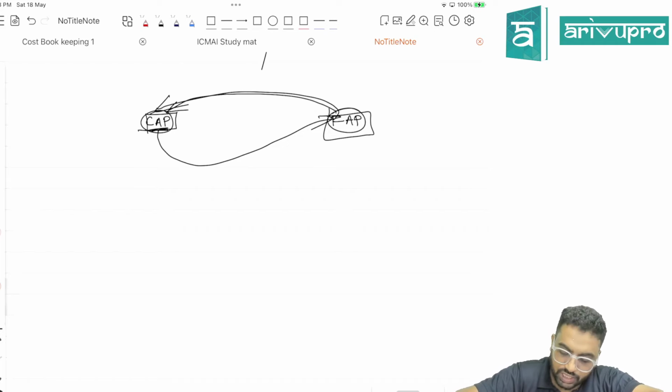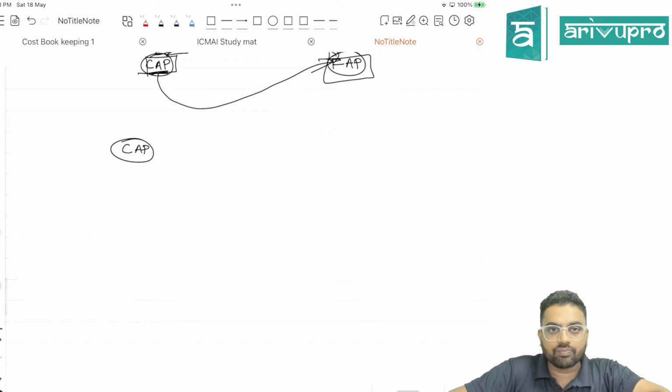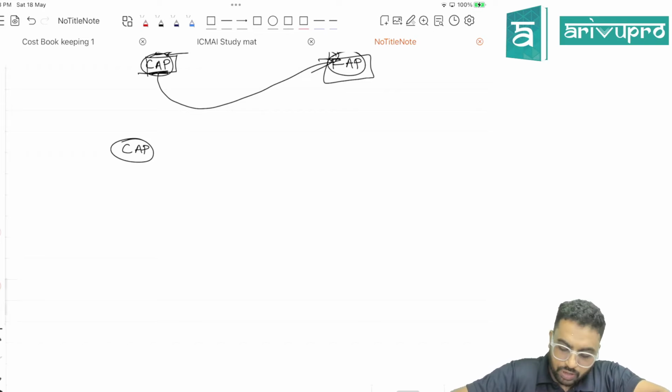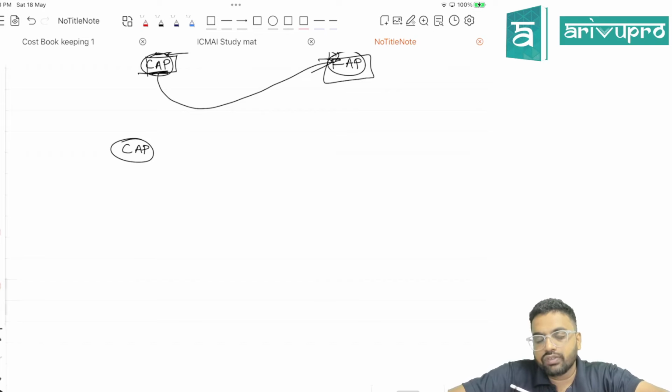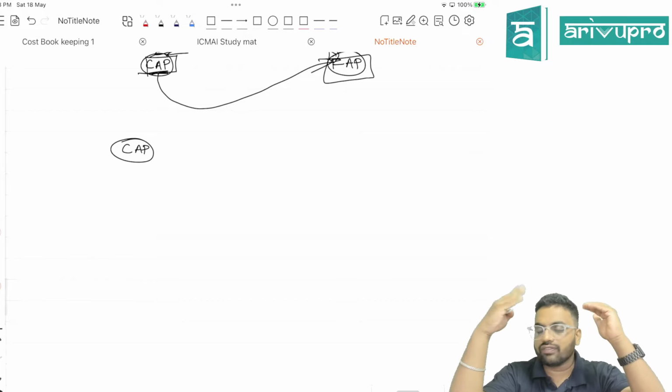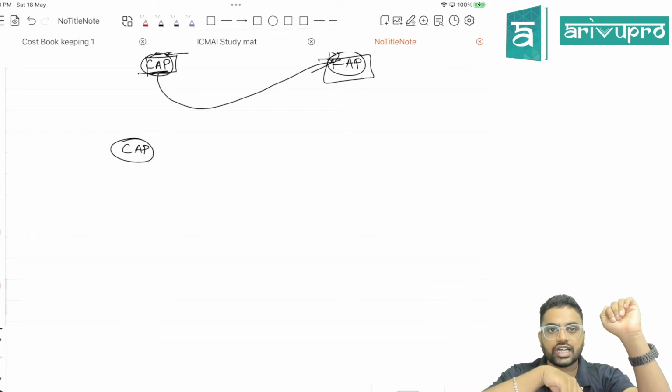So how to go, sir? Very simple. While arriving at cost accounting profit, we would have taken certain incomes or profits which are not there in the financial accounting profit.